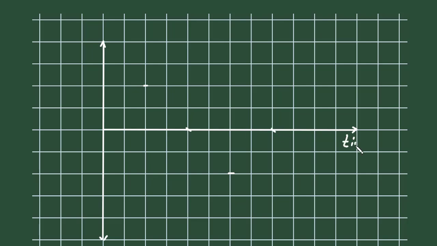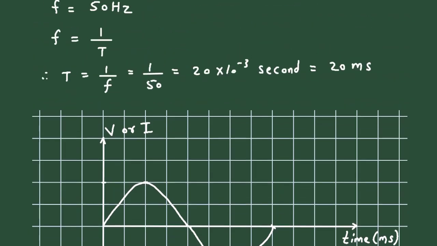This is time in millisecond. So the waveform will look like this. Now let's say this axis is V or I, that is voltage or current, and this is time. We have to draw the waveform for both voltage and current.